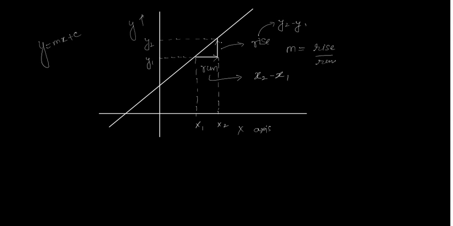Now look at the big picture which I'm trying to make of this rise upon run. Let's suppose I make it here. Again there is a line, I'm just magnifying it. I'm taking this triangle, and let us suppose the angle it is subtending is theta.